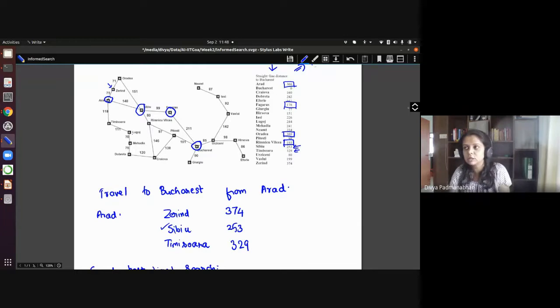That's exactly the reason why we use the queue. It's not guaranteed that for every problem you will reach the goal, because this is after all a heuristic that's telling you. It could be that there's actually no path here, but it's just given you some estimate. Maybe there is really no way to reach Bucharest through this path.